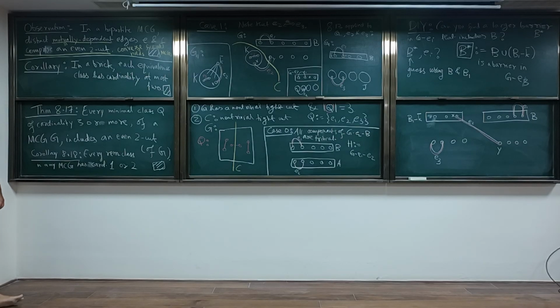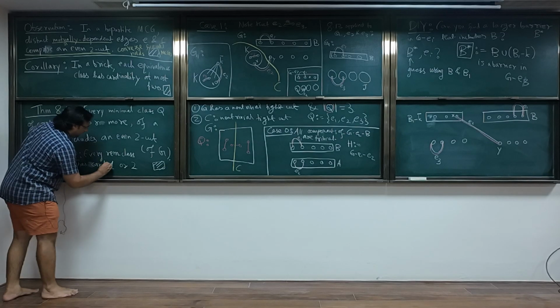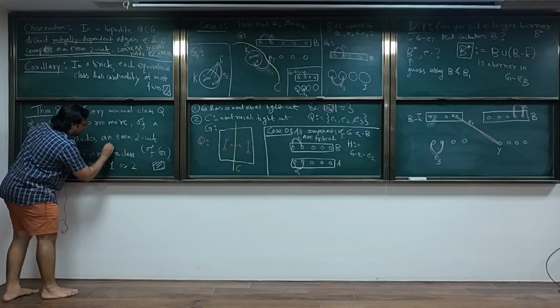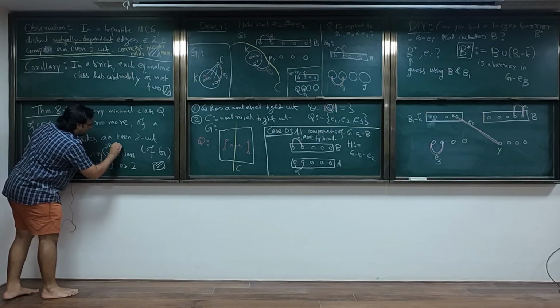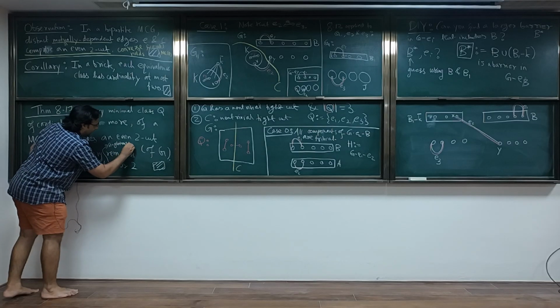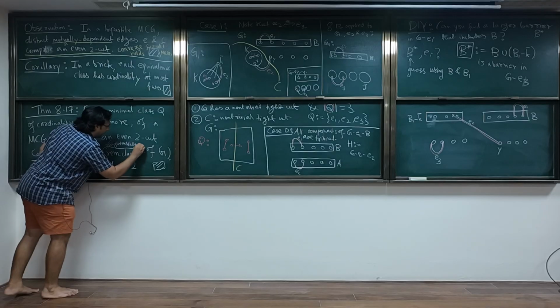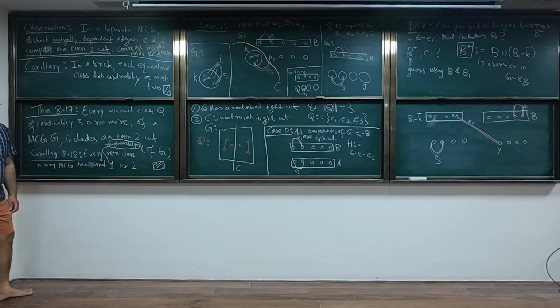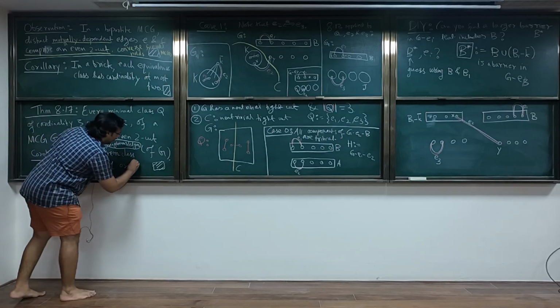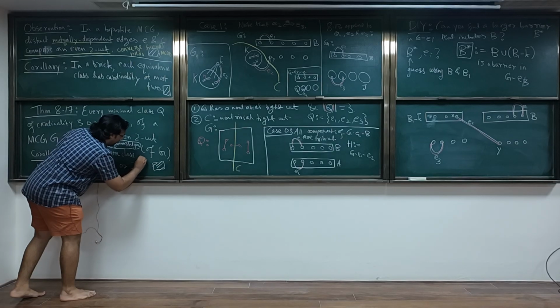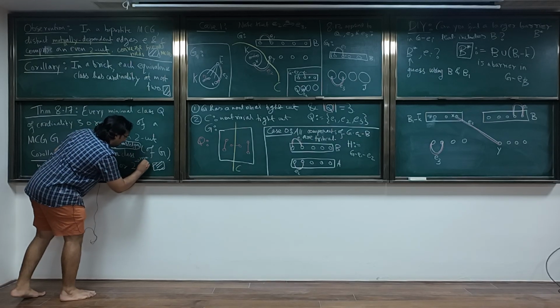Henceforth, for removable classes of cardinality 1, we will call them removable singletons or simply removable edges, which is where we started the entire thing from. And for cardinality 2, we will call them removable doubletons.